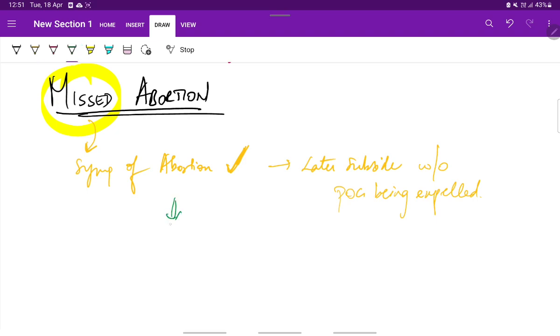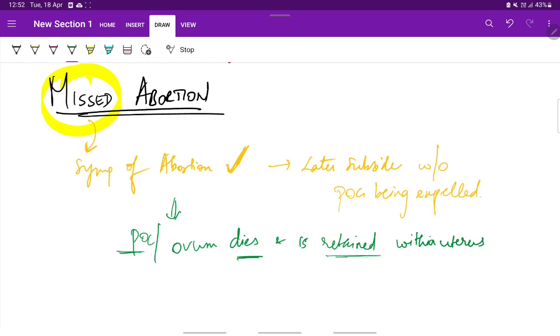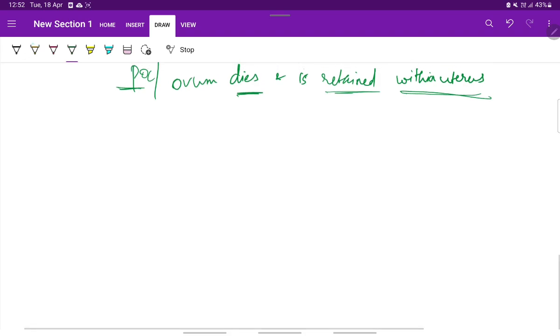This means that the products of conception or the ovum dies and is retained within the uterus. It doesn't come out. So this is missed abortion. The symptoms of abortion will occur, but after some time they subside without any products of conception being expelled. So here the products of conception die, but they are retained within the uterus.